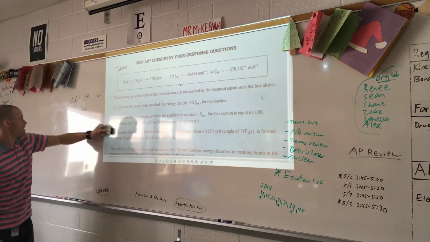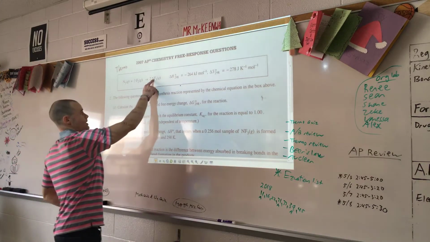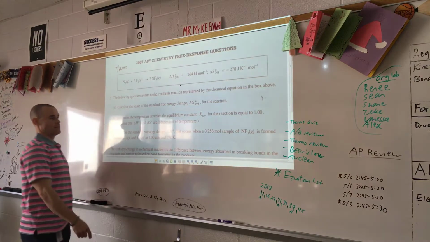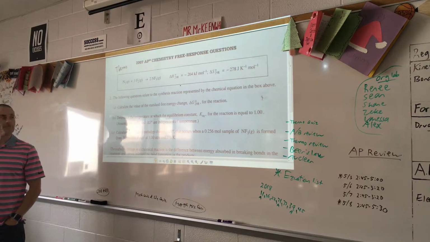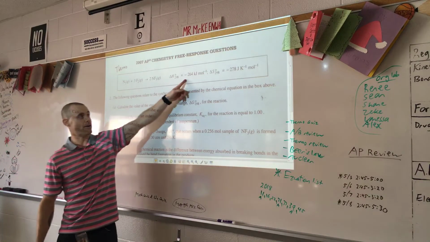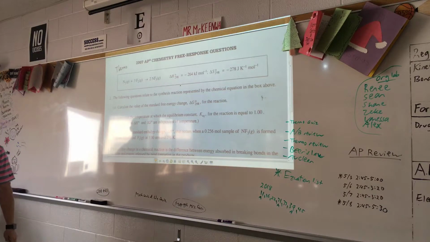Didn't they already give us the delta H? Yeah, they did. So the formation of this is that. How's this question different? Right. How many moles? How many moles are being formed in that reaction? 2.